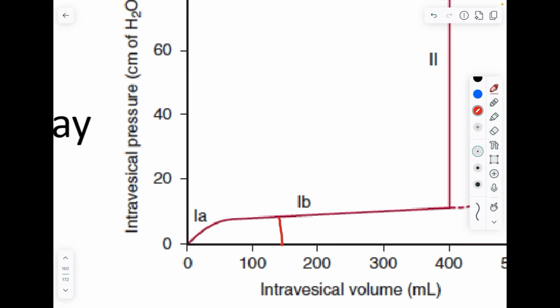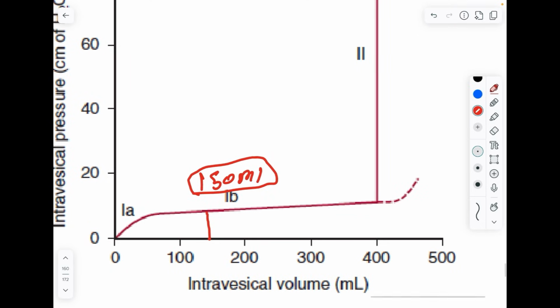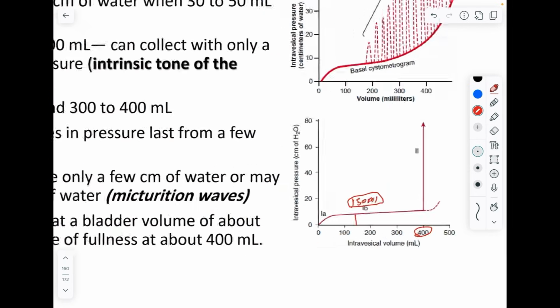When do you feel the first urge to urinate? It's at 150 milliliters. The first signal that gets to the brain that, okay, I could urinate now, is at 150 milliliters. And when do you reach the sensation of fullness, like, okay, I can't take it anymore? At 400 milliliters. Please remember these two values and what they are referring to.